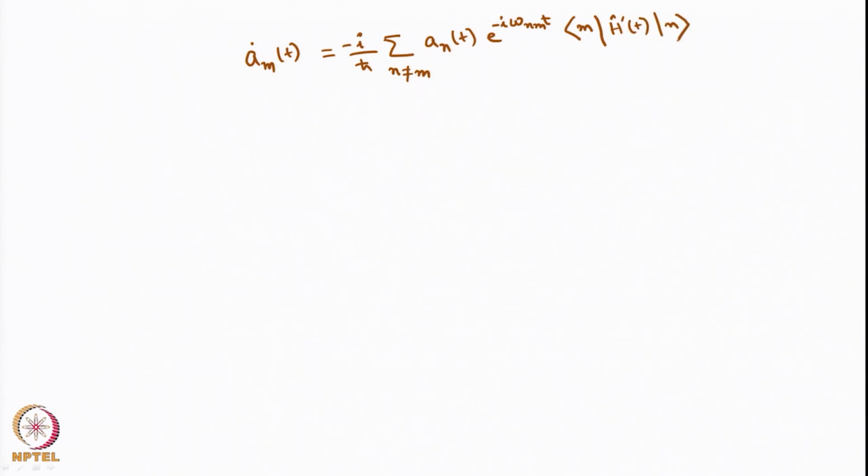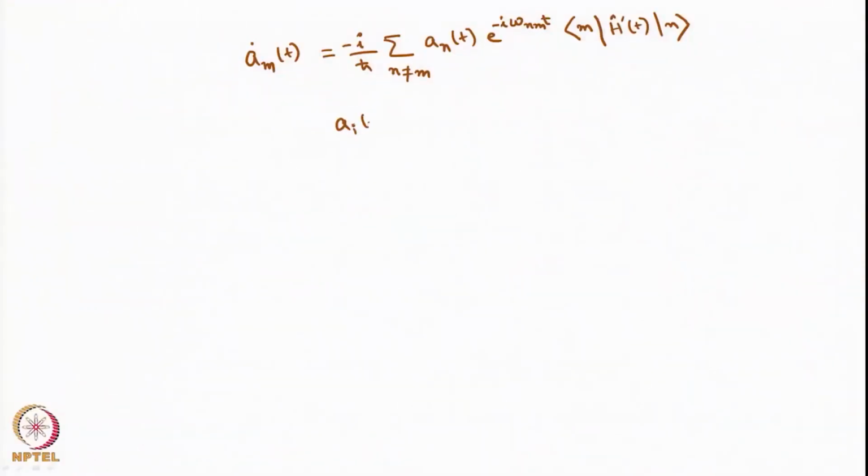Okay. Now I said that all other coefficients are going to be zero except the coefficient of i. So that means a_i of t is equal to 1, and a_n of t for n not equal to i is equal to 0.